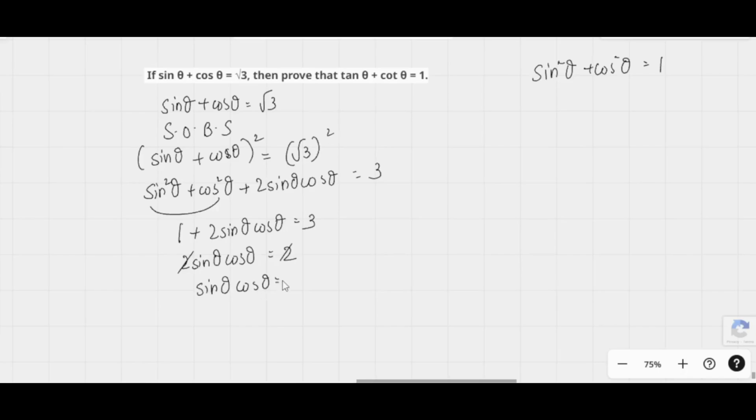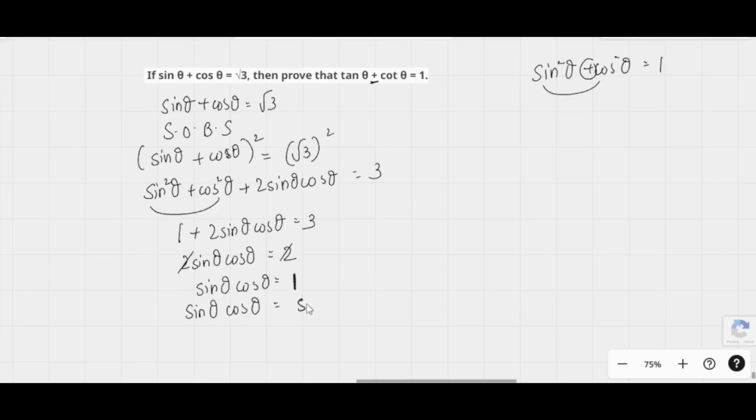Oh my god, now what do we have to do? We have to prove tan theta plus cot theta. See here it is sine into cos, but we want plus here. What can I do to get this plus? Yes, now you have to think about this 1. What is 1? Nothing but sine square plus cos square. If I write that, I will get this plus term. So I am going to replace that identity in 1.